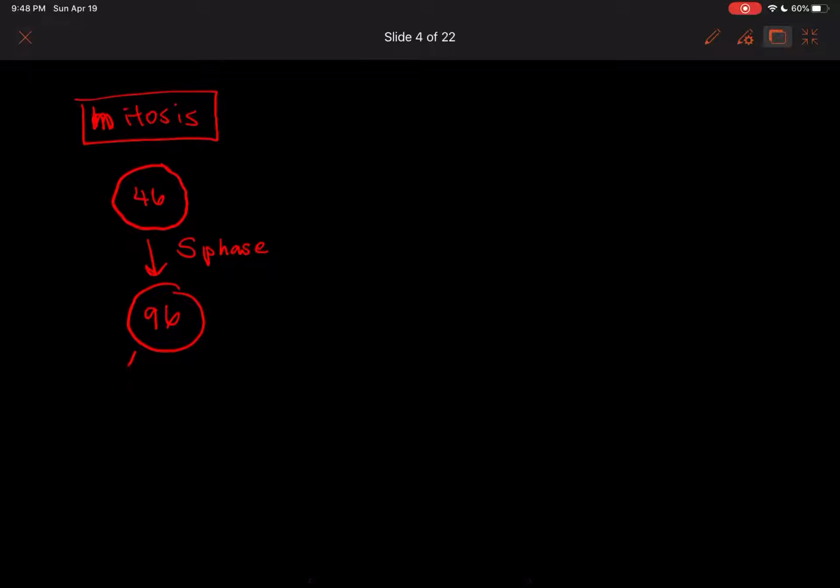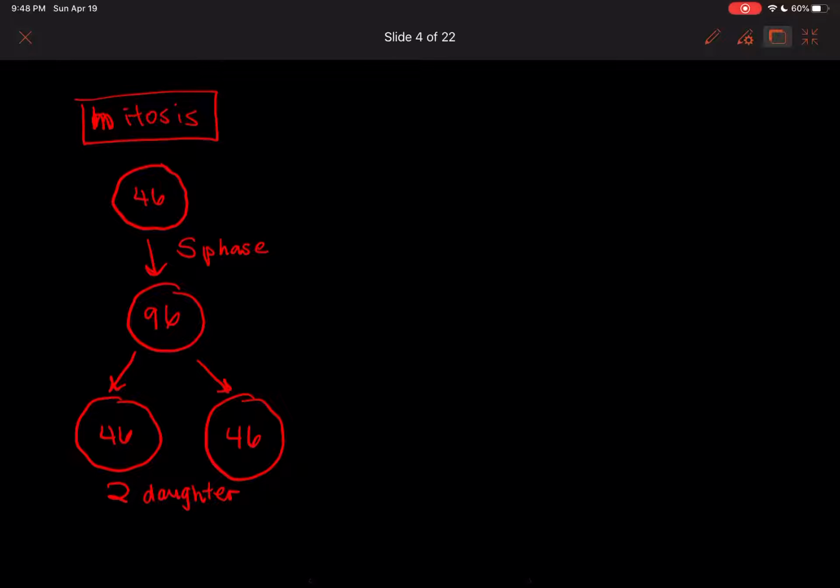And then you split them into 2 cells, which now both have 46 chromosomes, 2 daughter cells, and they are genetically identical.